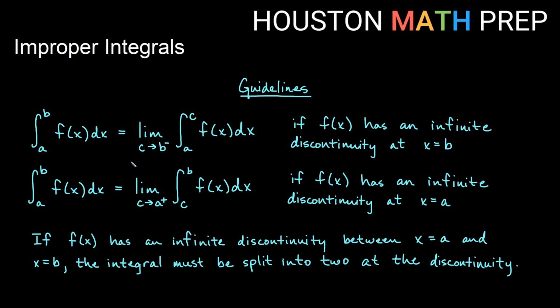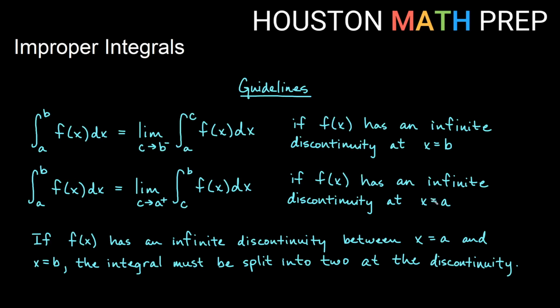Just some quick things to note here. If you have an infinite discontinuity at, let's say, your upper bound, then you'll need to replace your upper bound with something else, some dummy variable, and let your dummy variable approach b from the negative side. If you think about the integral a to b, and if I'm in between a and b, I can only approach b from below, from less than b. So that's why we'll use a one-sided limit as we approach b from the negative side.